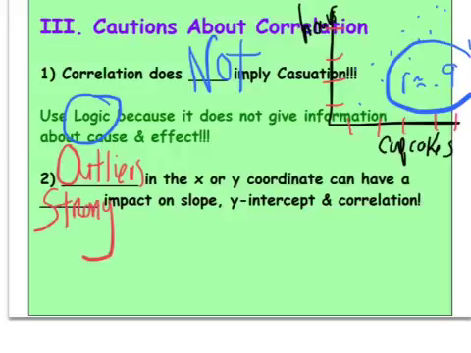So let's say the blue data is my graph on cupcakes and sleep, but then I had someone else who was way over here. That would be an outlier. If I do a linear regression on this data set, it is going to have an incredibly large impact and skew my slope, my y-intercept, and my correlation. So definitely look at the scatter plots first to see if you have any really obvious outliers in your data set.